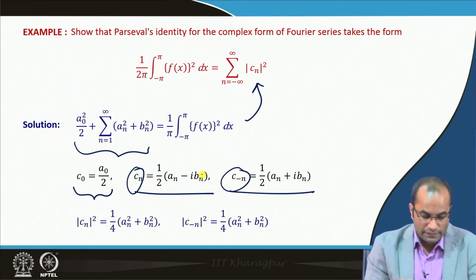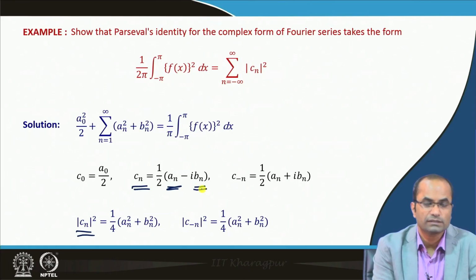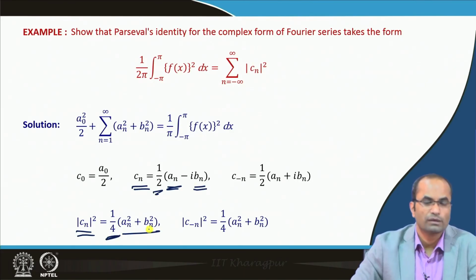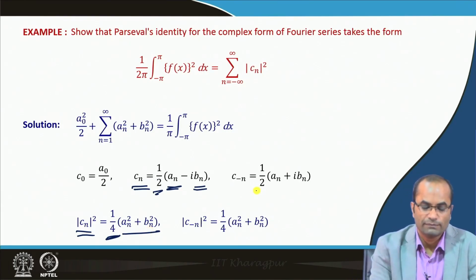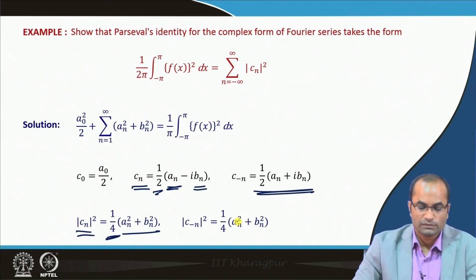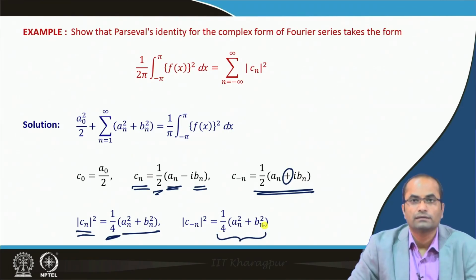So, if we take the modulus of this C n, because it is a complex number, the modulus square will be 1 by 4 of A n square plus B n square. And the same thing will happen here. It will have the same modulus, because the only difference is that now we have the plus there, but in modulus that does not matter.